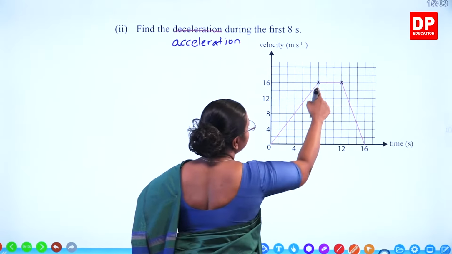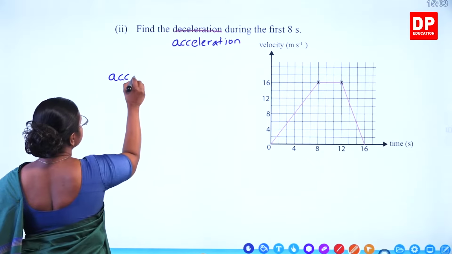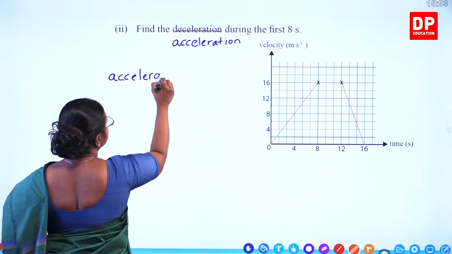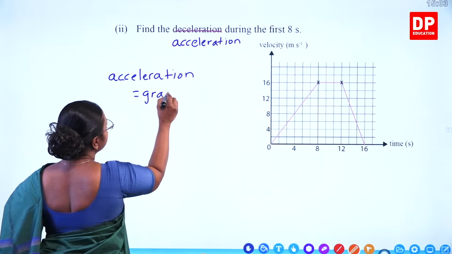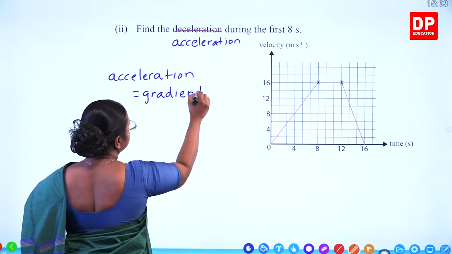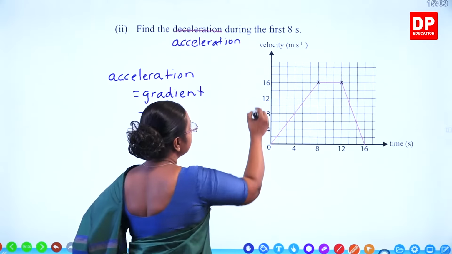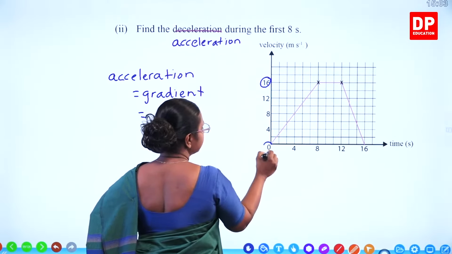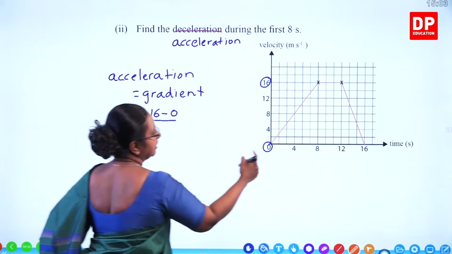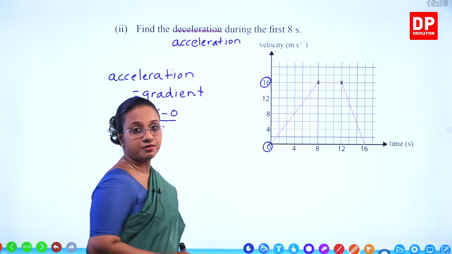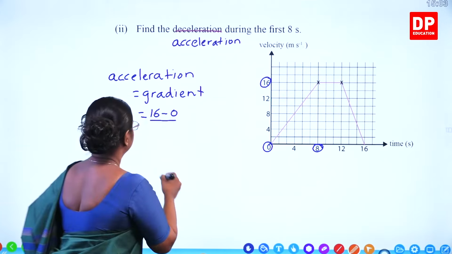So that is the gradient of this graph. So if we write the answer, acceleration equals the gradient of the graph. To calculate the gradient, we have to find the difference in the y-axis, 16 minus 0, divided by the difference of the x-axis, that is 8 minus 0.